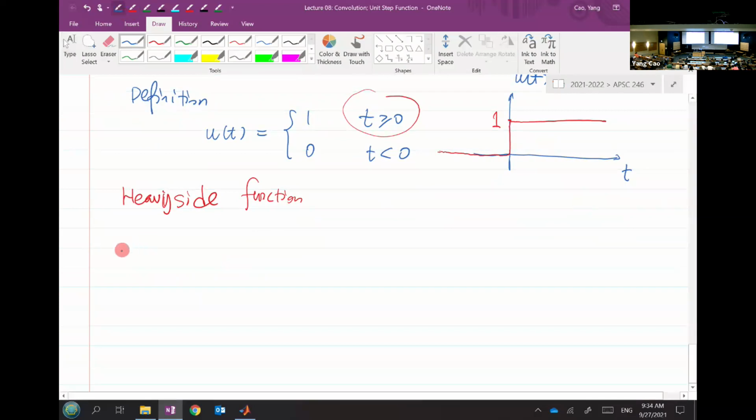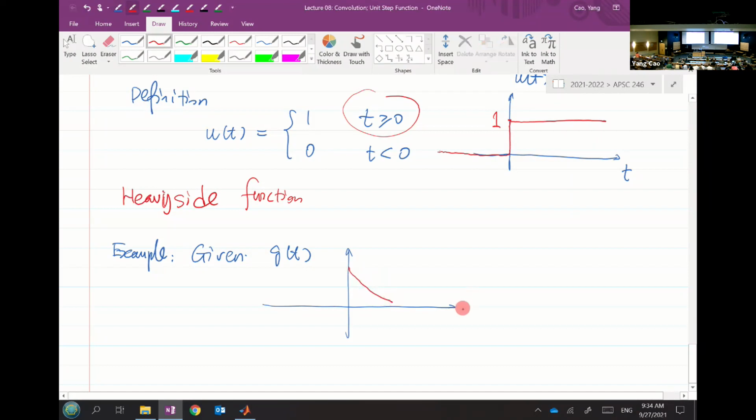So let's look at an example to show you the benefits. Let's say we are given a function g of t.